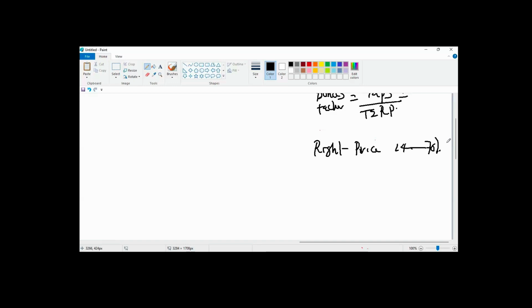How do I get the 20 naira gross-up? I only pay at 70%, which equals 14. 70% equals 14. If I now divide 14 by 0.7, that will give me 20, which is the market price per share.